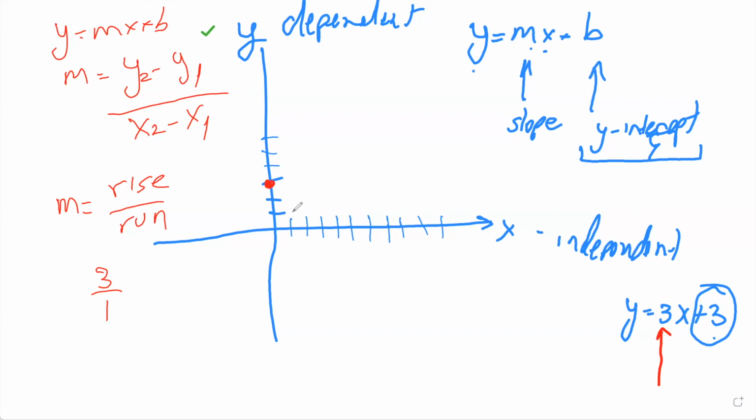I did it very well. And I'm going to say rise over run. So I'm going 1, 2, 3, and 1. This is my next point. My next point is here. So if I want to build a line, I will say my line is now from here to here.